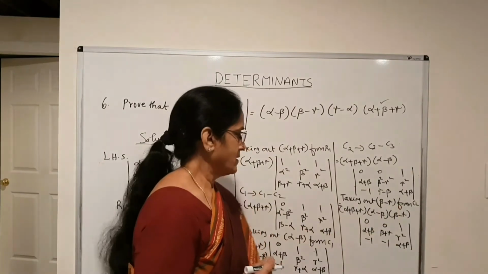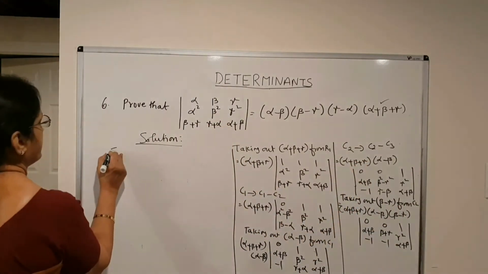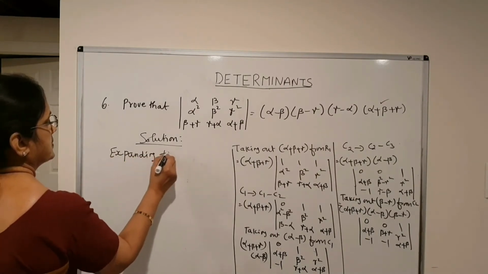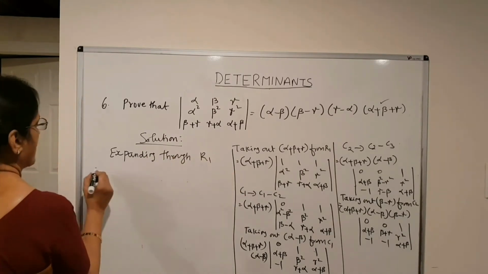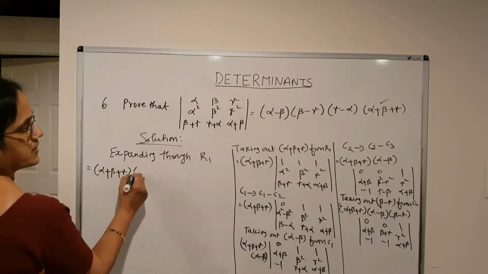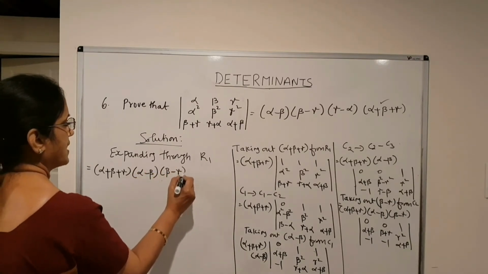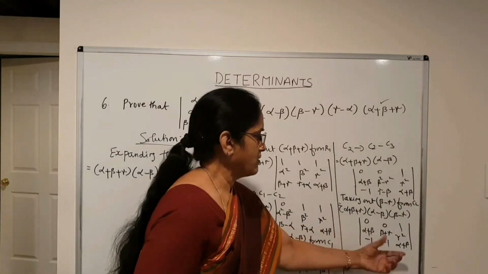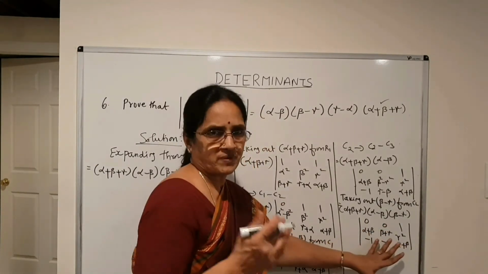That is R1. When I expand through R1, we get LHS: alpha plus beta plus gamma into alpha minus beta into beta minus gamma into, see here, 0 into the value of the determinant, minus 0 into the value of the determinant, is going to be anyway 0.